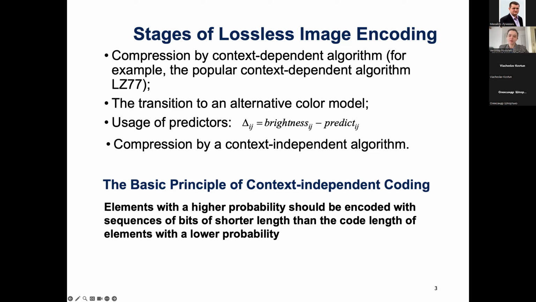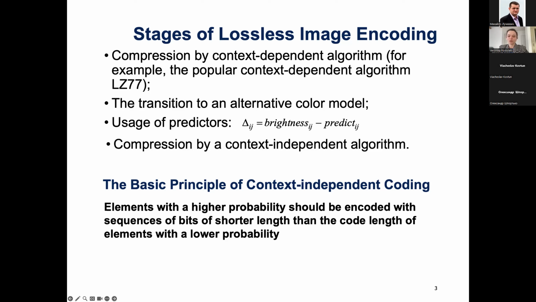On the third, the brightness of pixel components is transformed using predictors, which during image traversal predict the brightness value of each component of the next pixel, using the brightness values of the same components of the previously processed adjacent pixels. At the fourth stage, context-independent coding forms element codes, with lengths that depend on their probabilities.